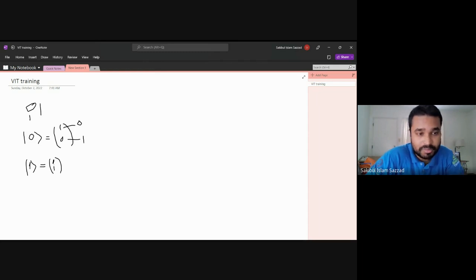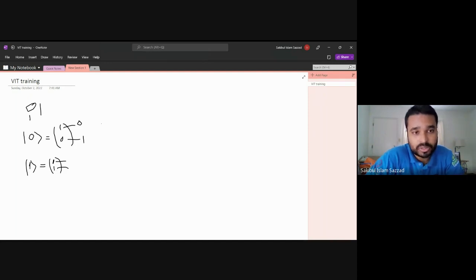On the similar analogy for the ket 1 state, the first row is for classical bit 0, the second row for classical bit 1. We can say that classical bit 0 has no component, no value, but classical bit 1 has some value. So this is for a single qubit.